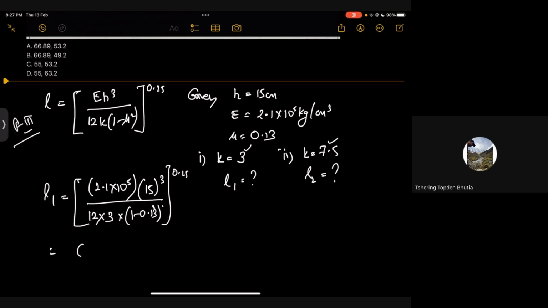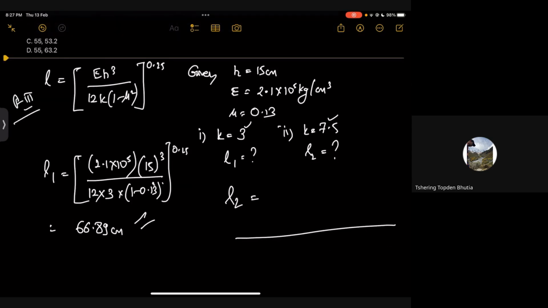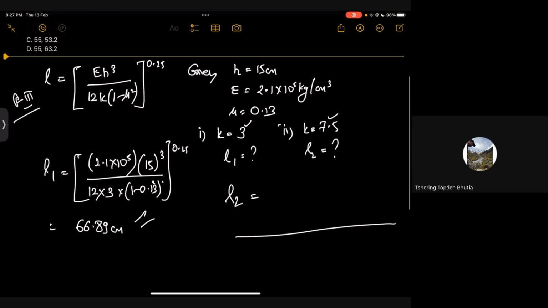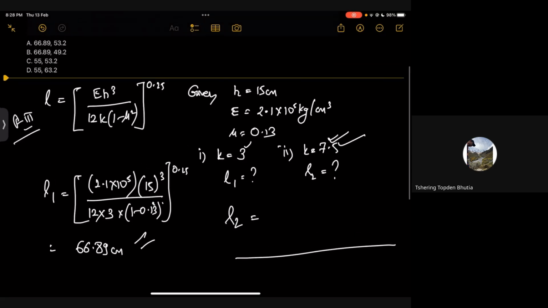That gives you 66.89 centimeters. Okay. So please calculate L2 and participate in the poll. I'll be waiting for the value of L2 where K is equal to 7.5, and kindly participate in the poll.